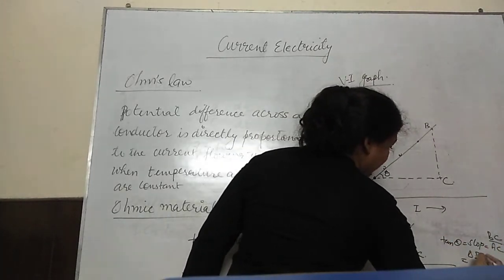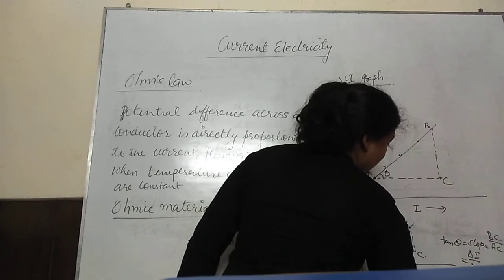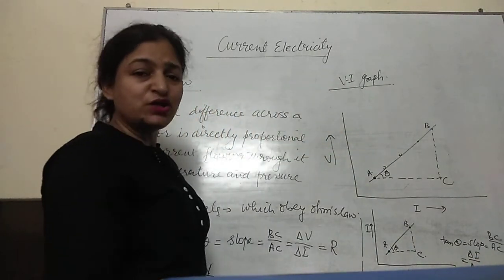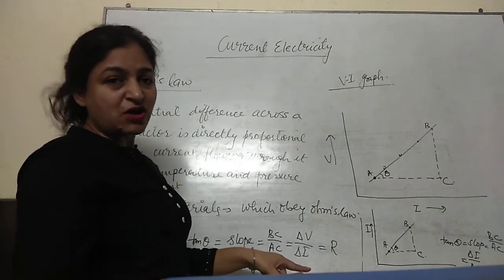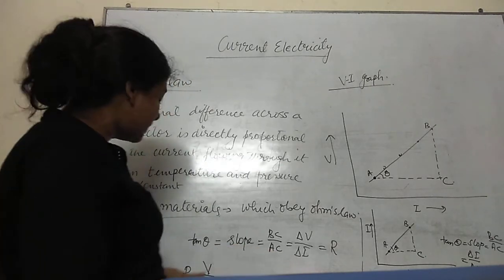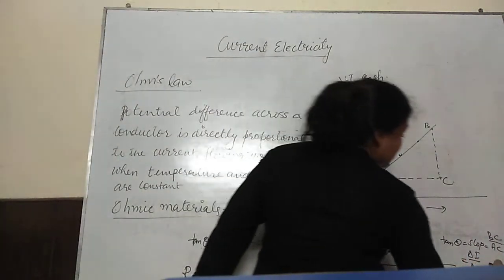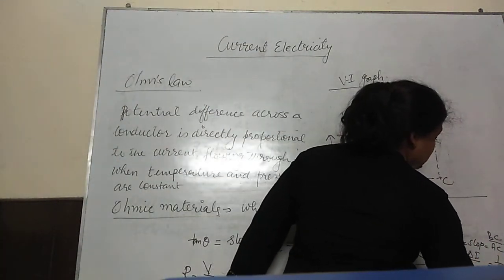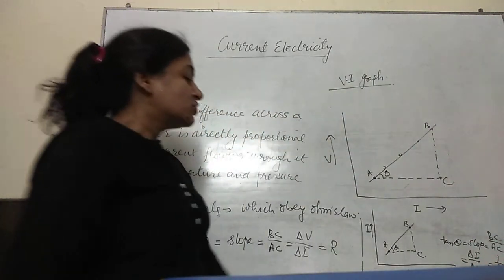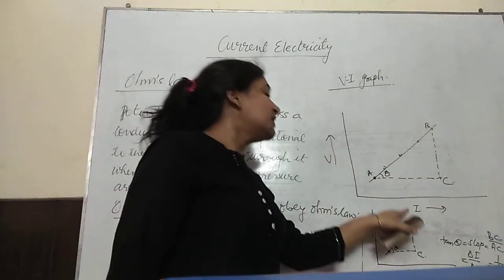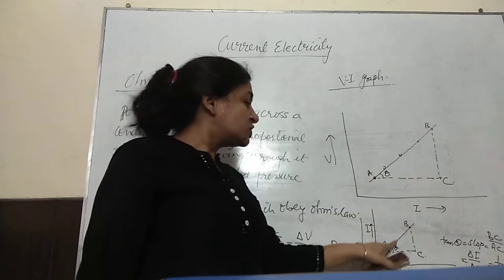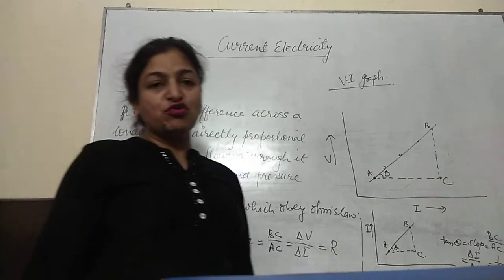That is delta I over delta V. Resistance is V over I, so delta I over delta V is the reciprocal of the resistance, that is conductance. So the slope of the VI graph will give you resistance, and the slope of the IV graph will give you conductance.